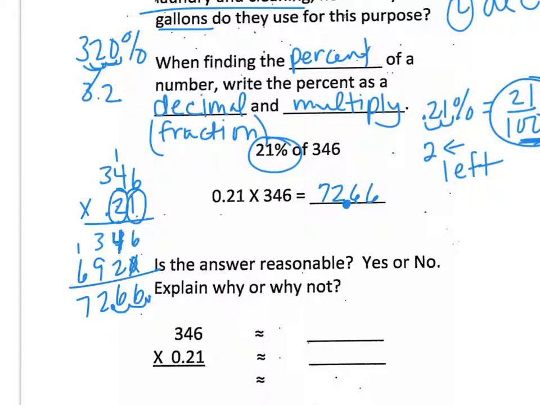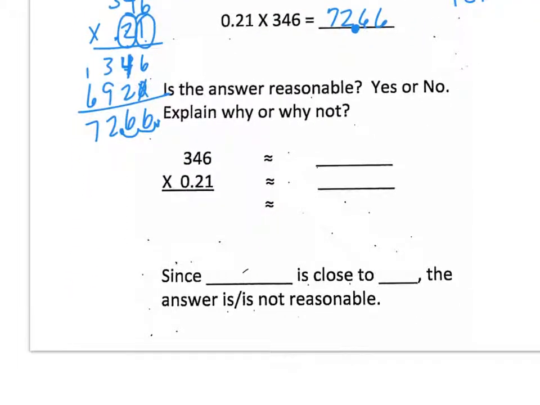So, is this answer reasonable? Well, the way you figure that out is by estimation. And this helps you know if your number's in a ballpark. When you estimate, you don't necessarily have to use the rules of rounding specifically. I can estimate down if it makes a better estimate for me.